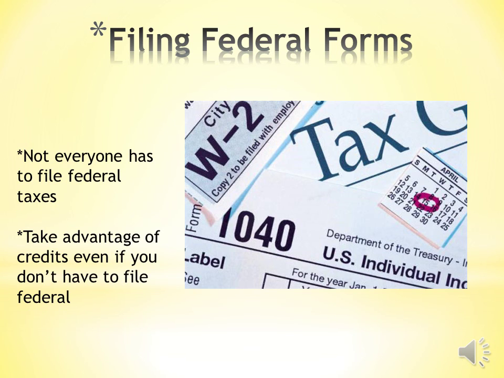Even if you don't need to file a federal income tax return, you may still want to take advantage of tax breaks and credits. Tax credits are dollar-for-dollar reductions in your tax due and are usually more beneficial than tax deductions, which simply reduce your taxable income.